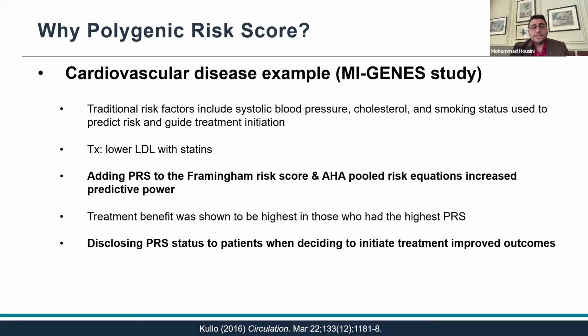However, in the MyGenes study, they discovered that adding a polygenic risk score to the criterion increased the predictive power, and treatment benefit was highest to those who had the highest polygenic risk score, and that most importantly, disclosing the polygenic risk score status to the patients at the time of treatment initiation allowed for better outcomes and better patient compliance.